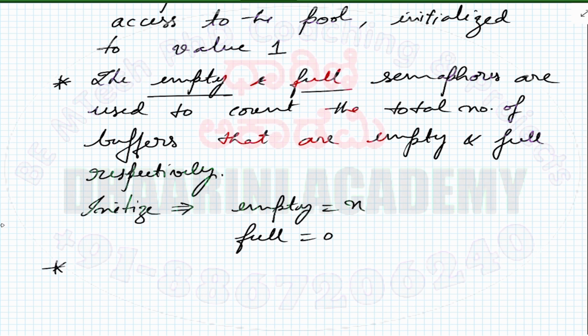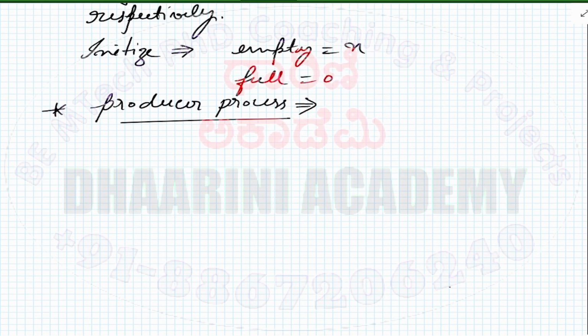Okay, now let's go for the producer process. The code looks like this. It's a do while statement. So you are trying to produce an item.